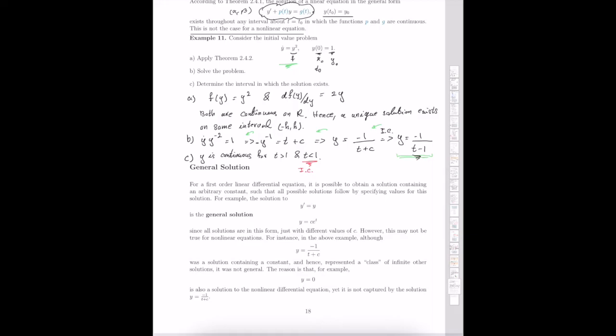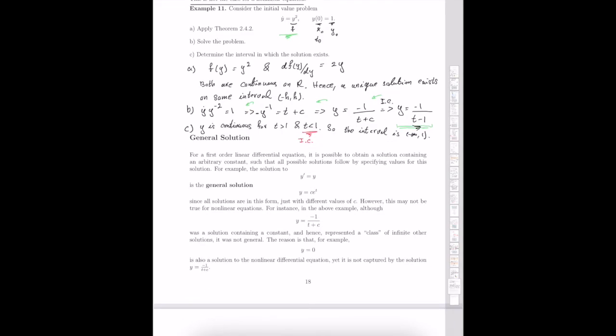So the interval in which the solution exists is minus infinity to 1. Okay.